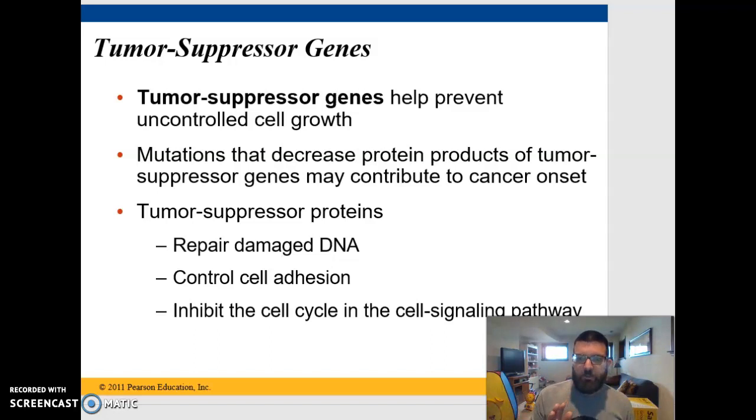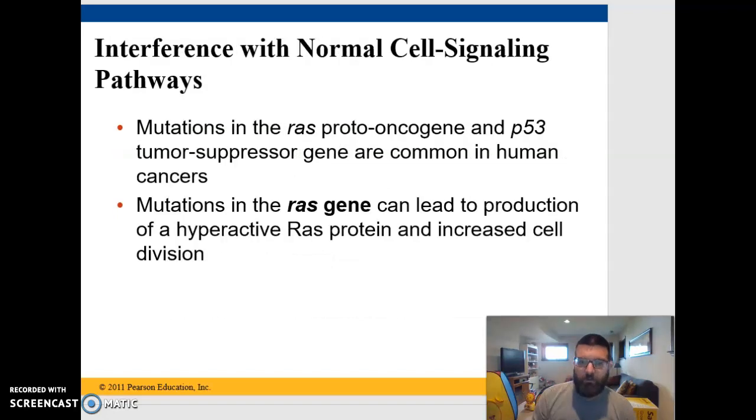Anyway, these checkpoints are caused by tumor suppressor genes, which make products that hold things up when it's not an appropriate time for cell division to occur. And these are like the brakes, and if you cut the brakes, you can also get out of control movement. So in this case, out of control cell growth.